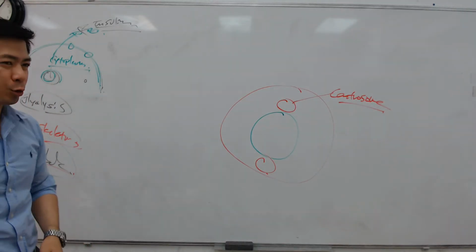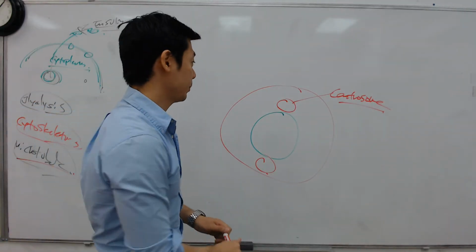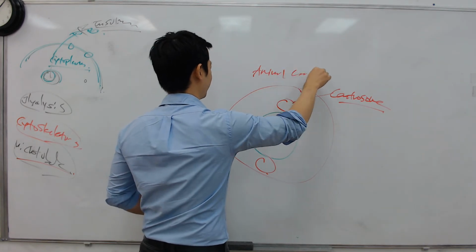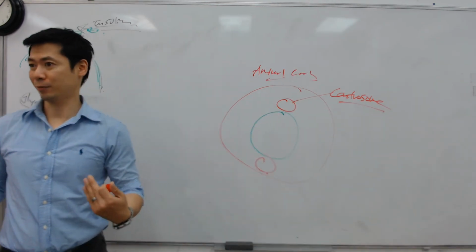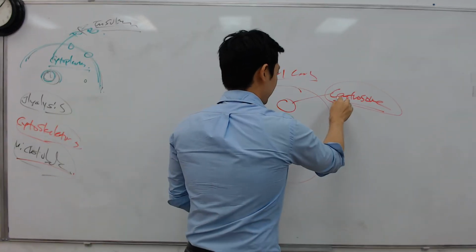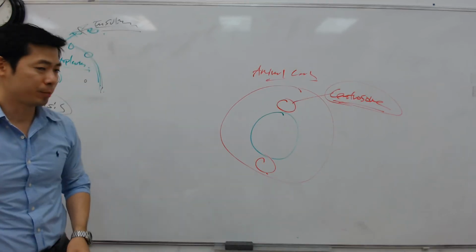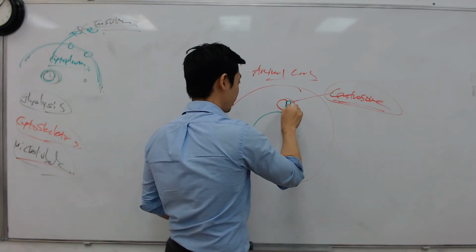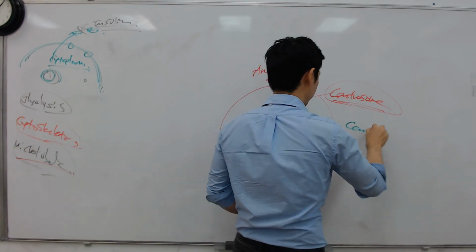This is for animal cells, like cells for us, guys, right? Inside the centrosome, they have something we call centrioles. They've got two centrioles.